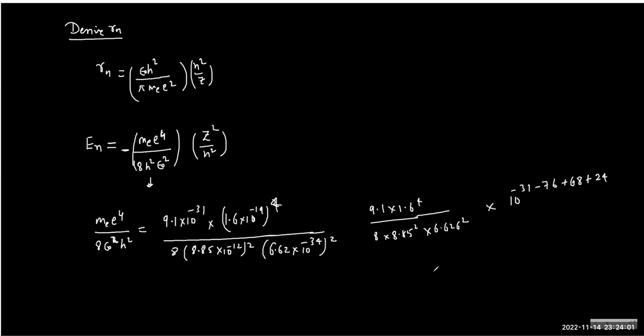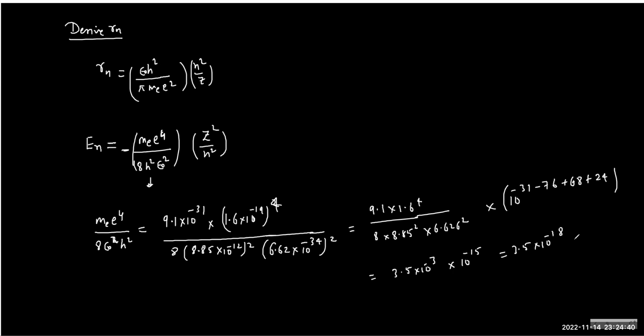Nice values. How much is that? This part is how much? Only the value of the first one. 3.5 into 10 power minus 3. And the power here, minus 15, so it is 3.5 into 10 power minus 18.